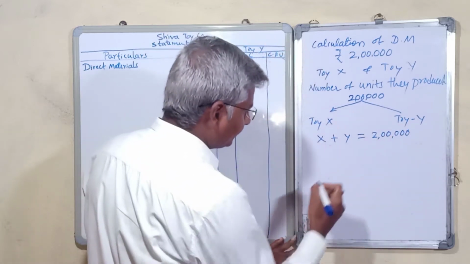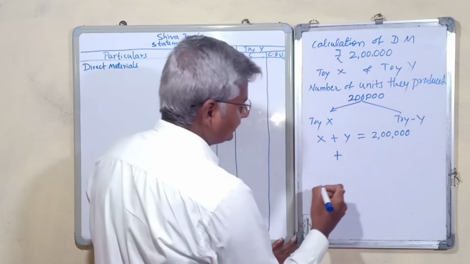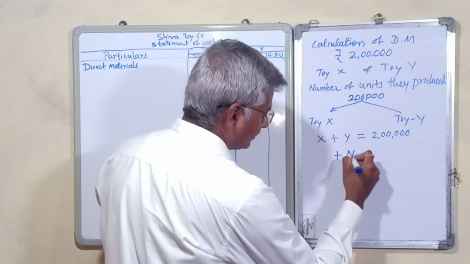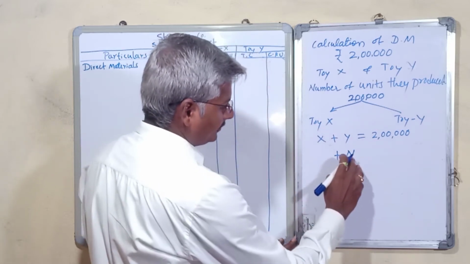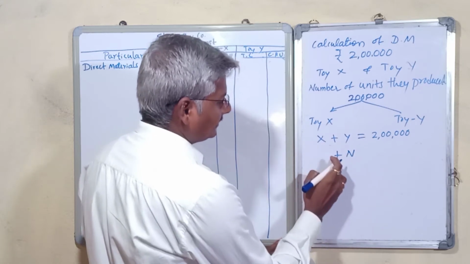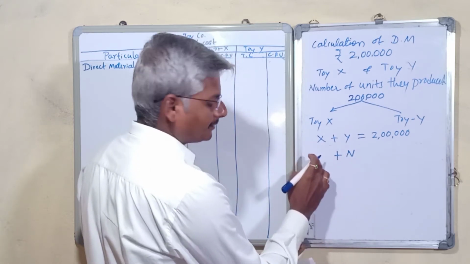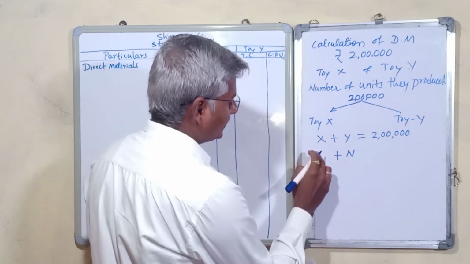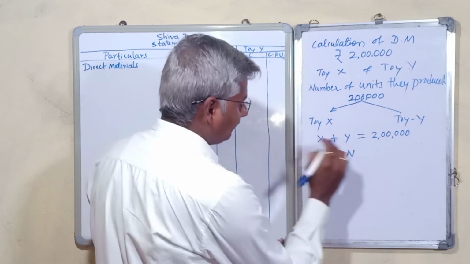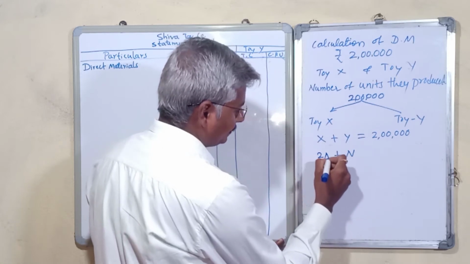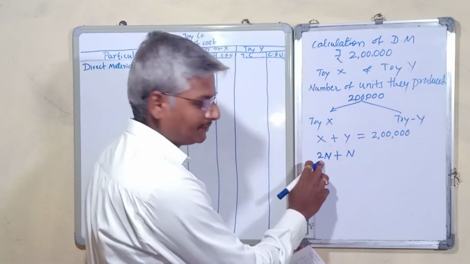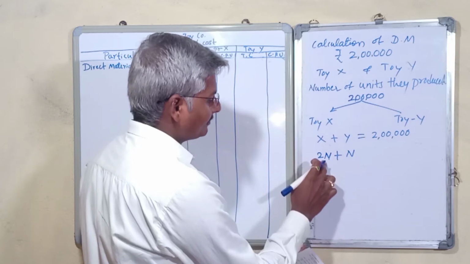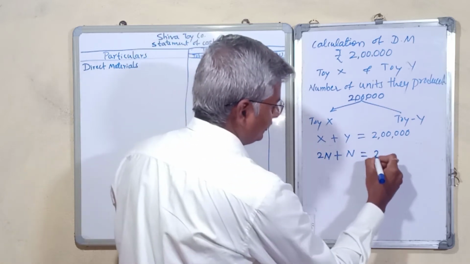Then consider that for type Y the cost of raw material is N. They have said that the cost of raw material consumed by X is twice that of Y. Here I will write 2N. So X consumes 2 times compared to Y, equals 2 lakhs.